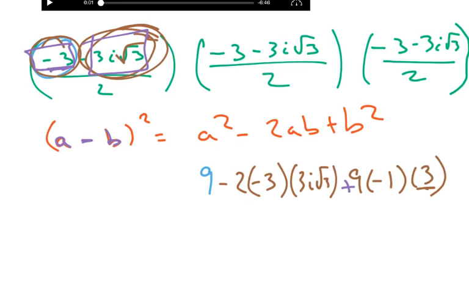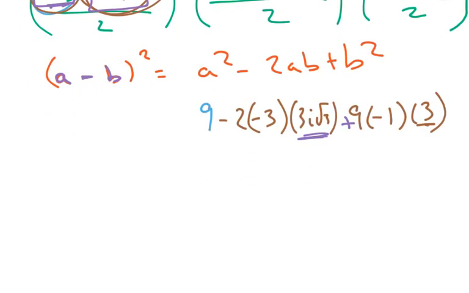Because I called b 3i√3, when I put it here, it has to be 3i√3. It doesn't have to work that way. You can work it out differently. If I had put a plus right here, then b would be negative 3i√3, because you could put a plus sign between, say, negative 3 plus negative 3i√3. So this is kind of a cool little thing in math. You can always rewrite things according to how you want it to work for you. But I try to pick what was most intuitive. So hopefully that makes sense. Let me continue.